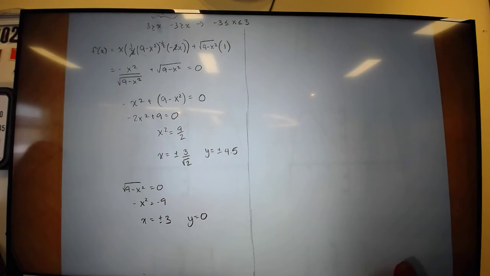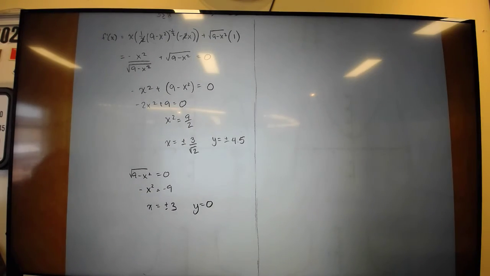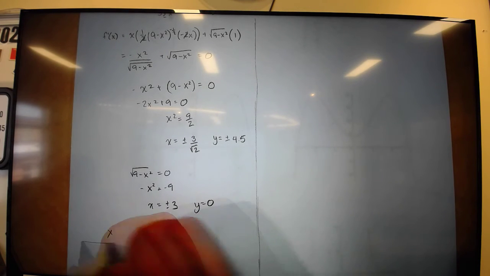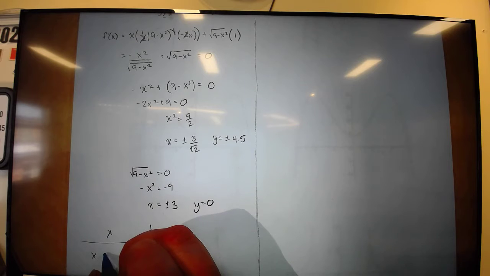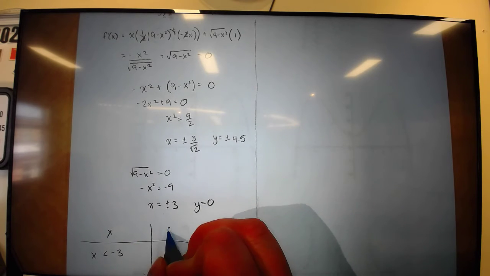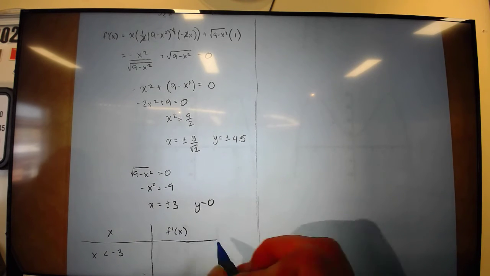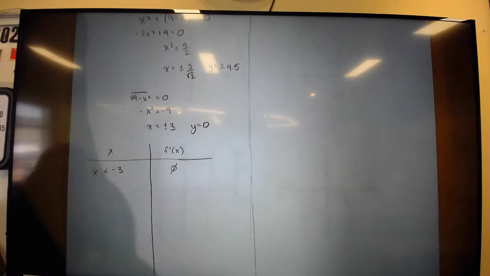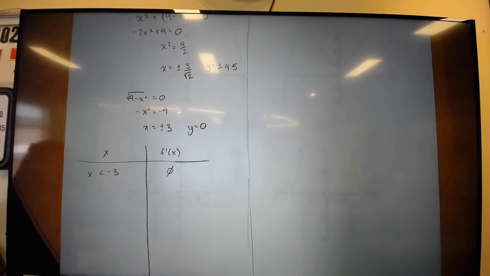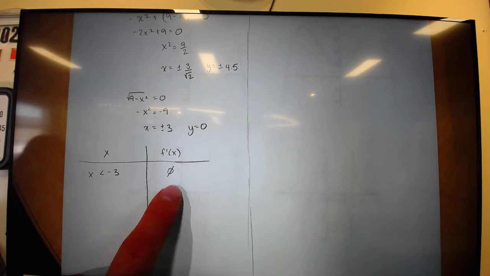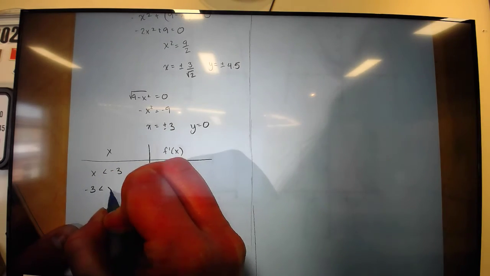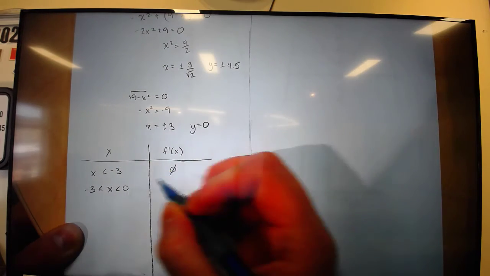Okay, so we've got x less than negative 3. We know that at that point, f prime of x is not going to exist, right? Because according to our domain, the graph doesn't exist there, so we can't have a derivative there.